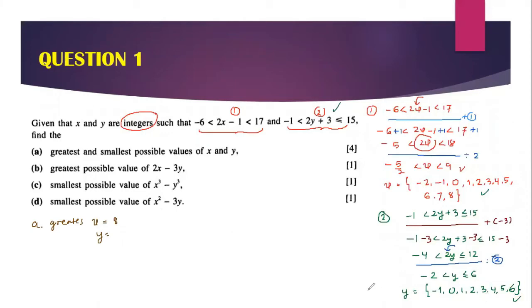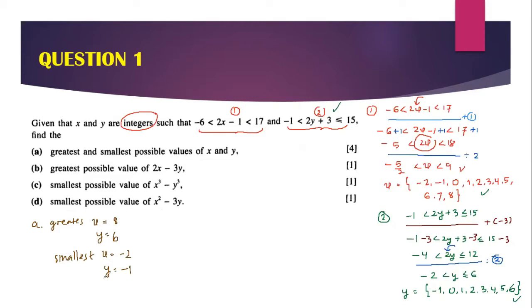Now the smallest: the smallest x is minus 2, and the smallest y is minus 1. Is it clear?